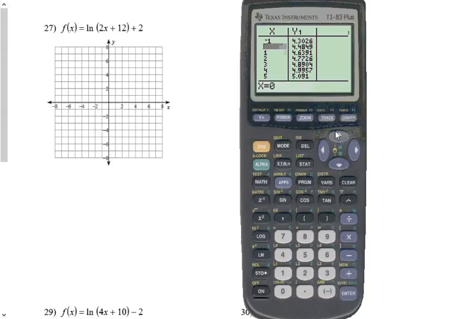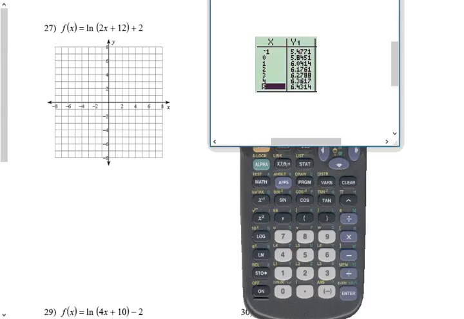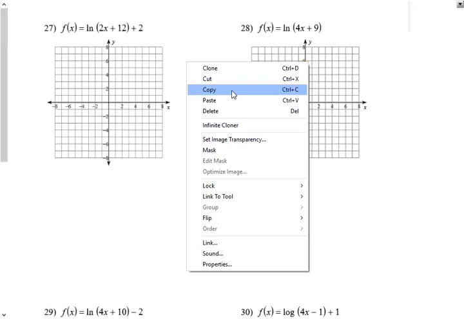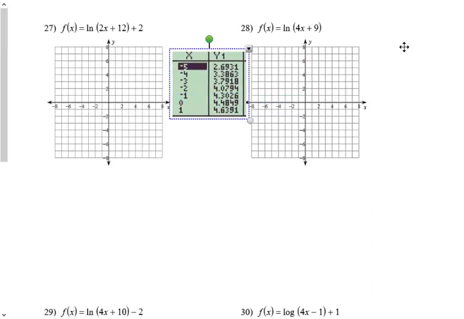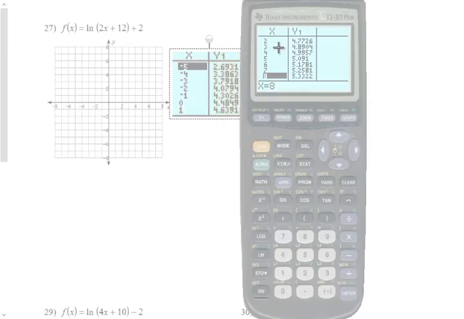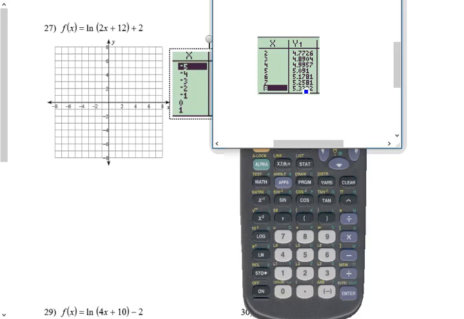So I'm going to start at -5 as far as the graph that I copy goes. And then I'm actually going to put the rest of this graph, so we have it both here so we can look at it.